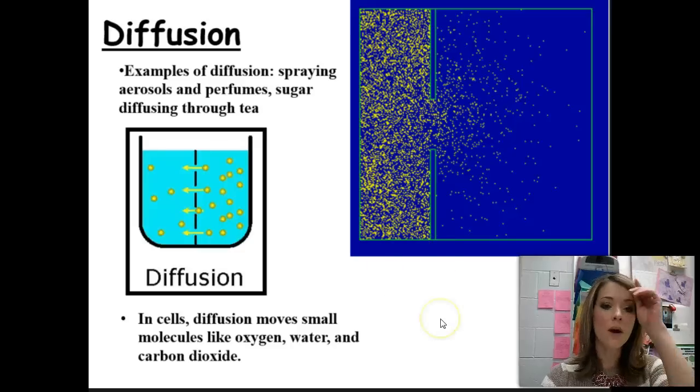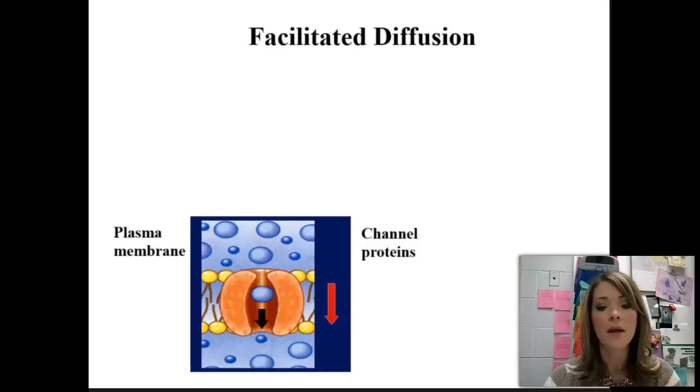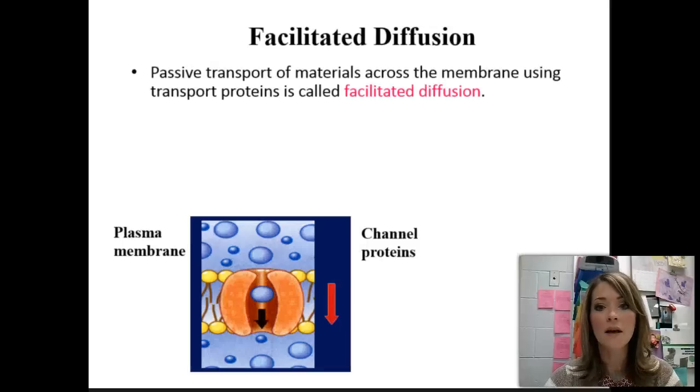And diffusion works well for small molecules with the cell. Molecules like oxygen, water, carbon dioxide are going to move in this type of process in and out of a cell.